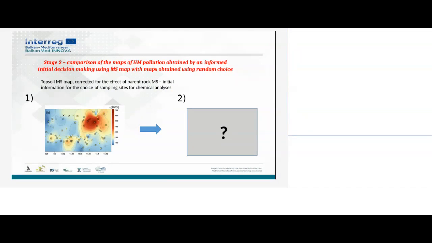The aim is to learn how to choose the locations for soil sampling by using the field map of magnetic susceptibility. For that purpose, we use the map of magnetic susceptibilities corrected for background values, and we need to have the right choice of the sampling points for laboratory analysis of heavy metals.